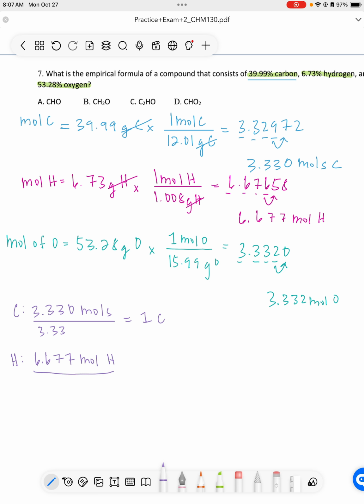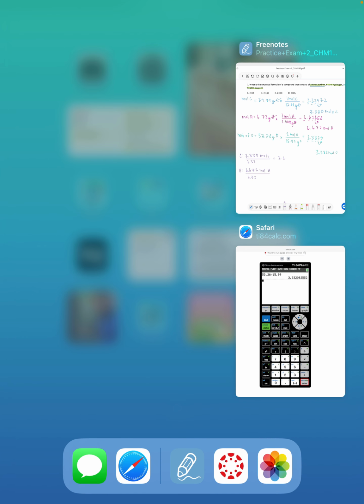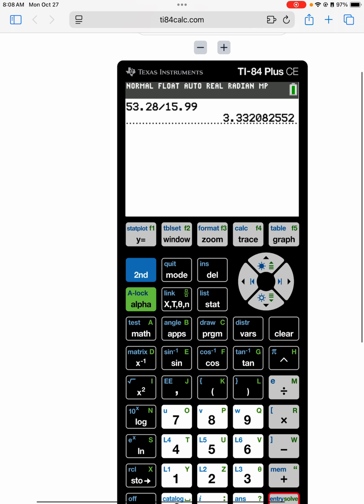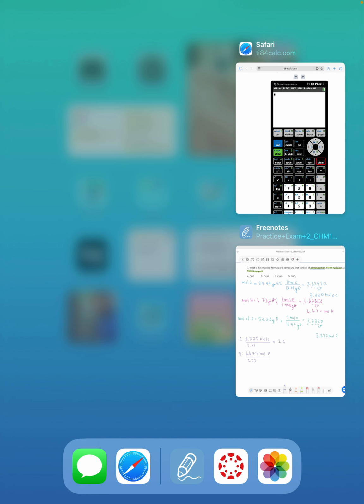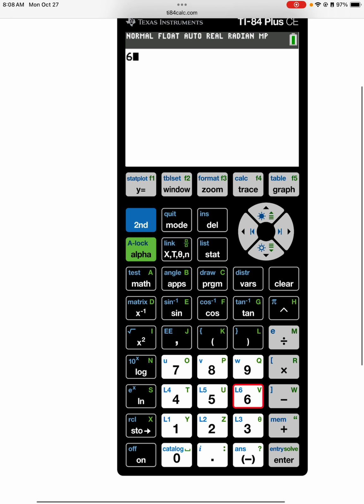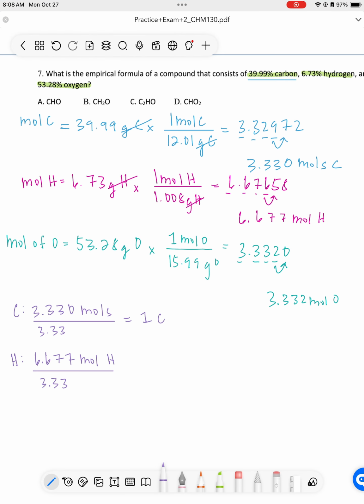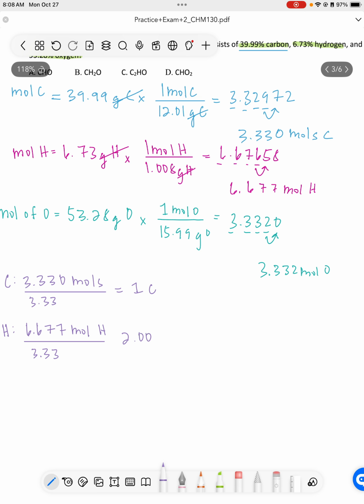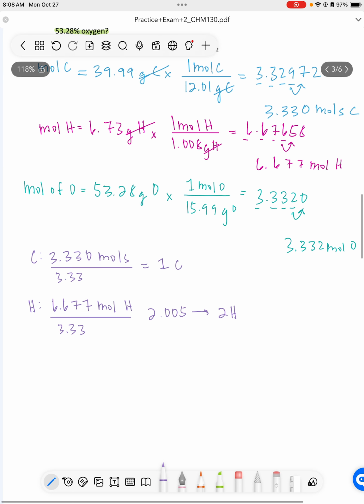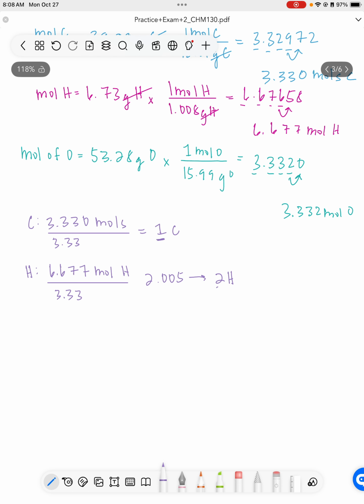We're going to divide that by our smallest number, 3.330. And we get 2.005, which just gives us a 2. All right, because we're looking for whole numbers here. These are our subscripts, so we want whole numbers.